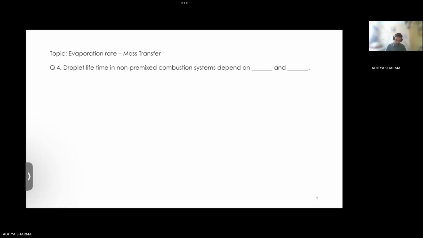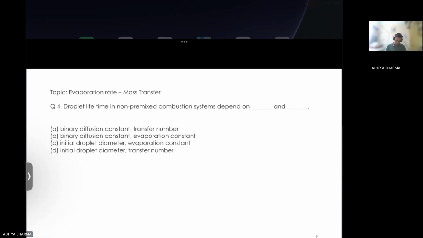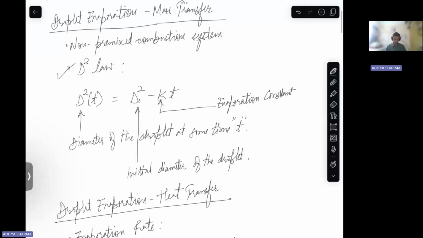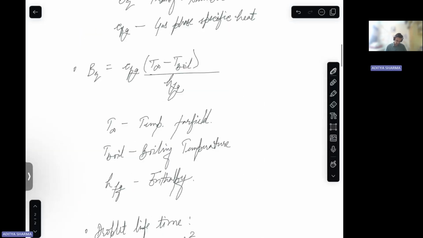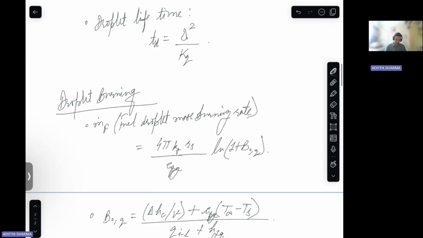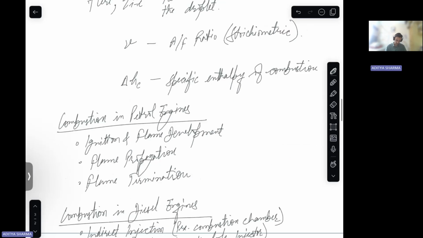So this is your expression for droplet diameter with respect to time. So what you see here is that though I have a direct expression for droplet lifetime, this can be easily derived, right?